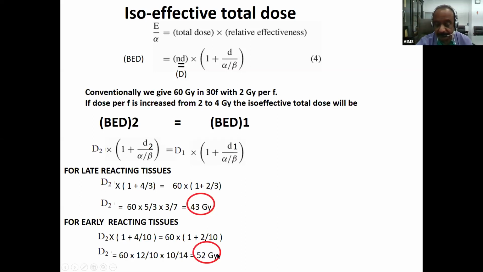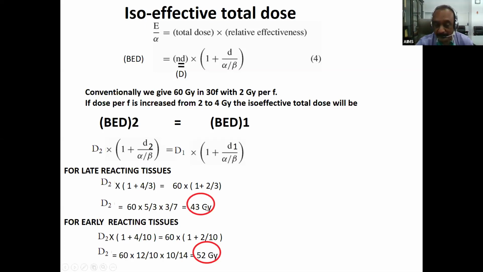Suppose you calculate the isoeffective dose based on tumor or based on early reacting tissue, then you will deliver 52 gray. While the isoeffective dose for late reacting tissue is much less, 43 gray, but you will deliver 52 gray, which means you will cause more damage to late reacting tissue.